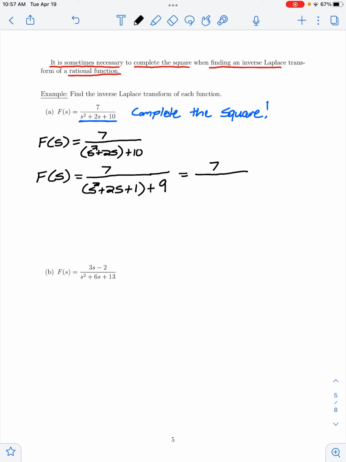And doing this allows me to factor the first part of my denominator as s plus 1 quantity squared plus a 9, which is 3 squared. So now looking at the form of my denominator, I have s plus 1 squared plus 3 squared.